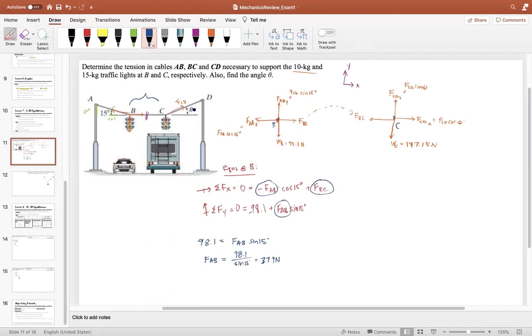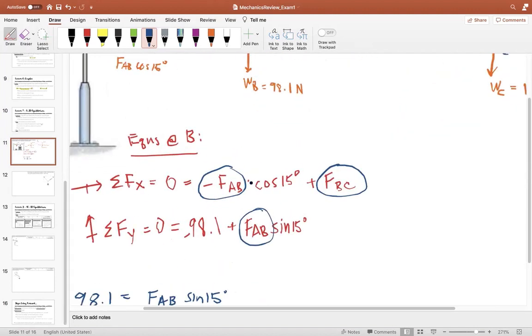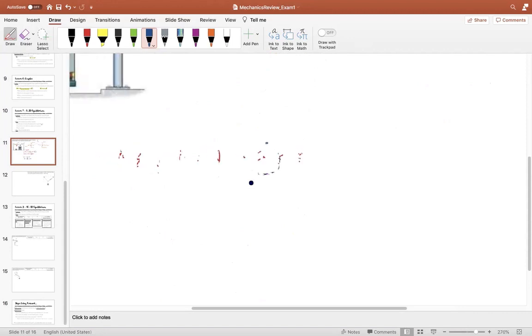But let's see, determine the tension in cables AB, BC, and CD. So the answer technically is this, because that is the force from A to B. So it doesn't care about the components. Does that make sense? Yeah, I got it. So whoever said plug it into the other equation, spot on.